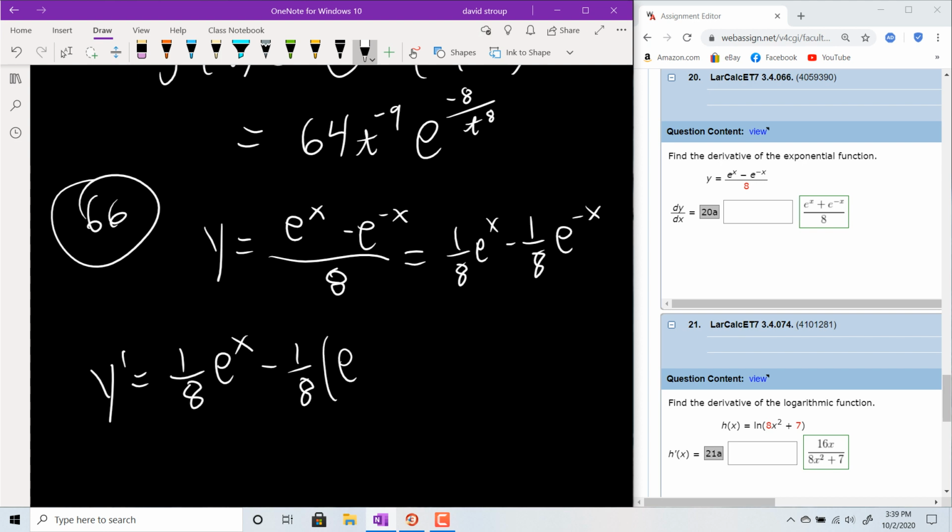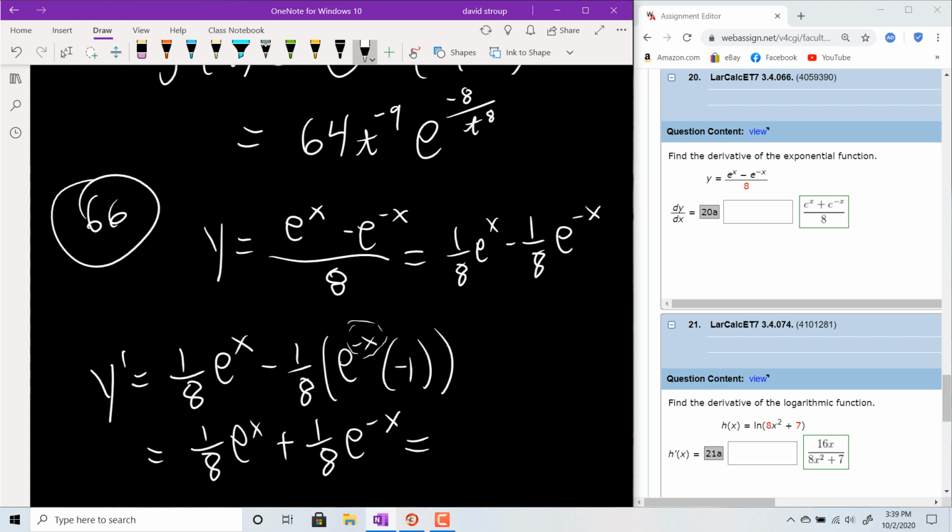That's going to be e to the negative x times the derivative of its exponent. Okay, so the derivative of negative x is just negative 1. And you can rewrite it 1/8 e to the x plus 1/8 e to the negative x, or if you'd rather, e to the x plus e to the negative x all over 8. Okay.